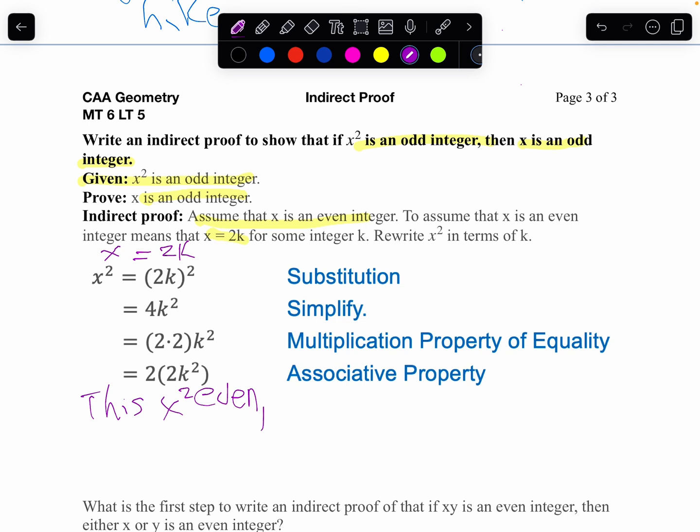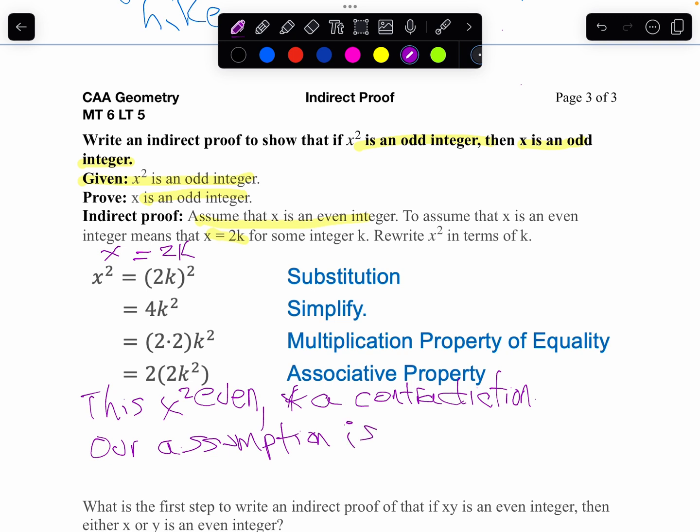A contradiction. Our assumption is false. And we're going to say x is an odd integer.